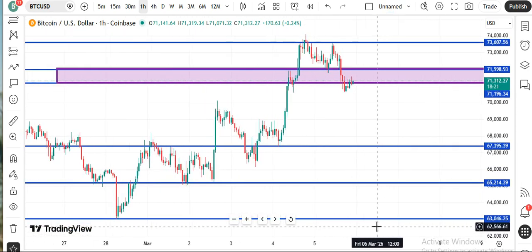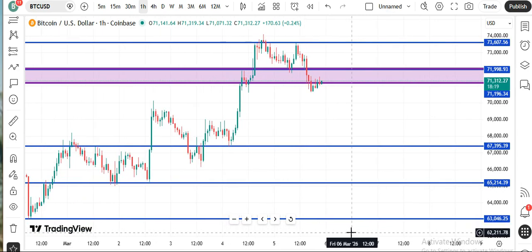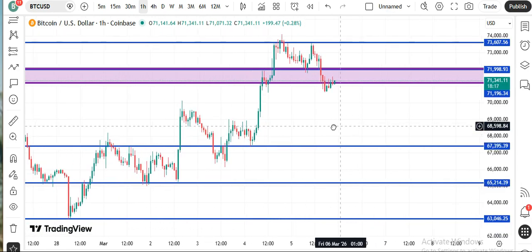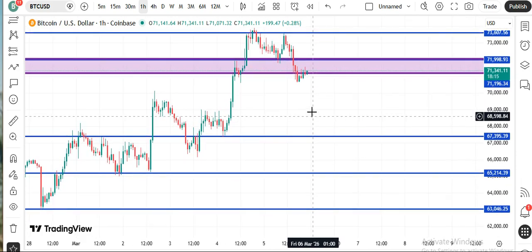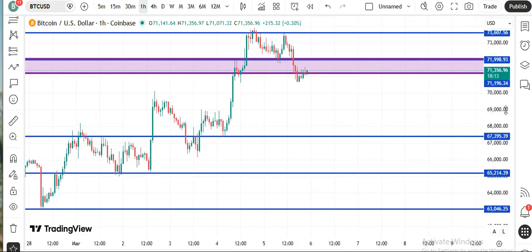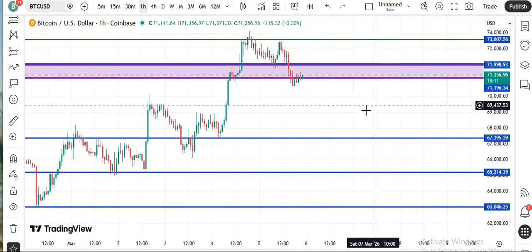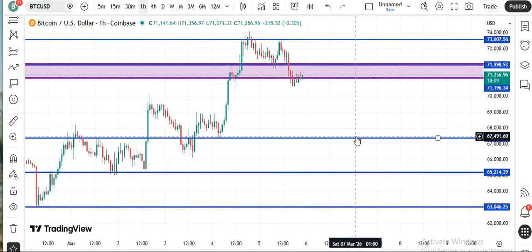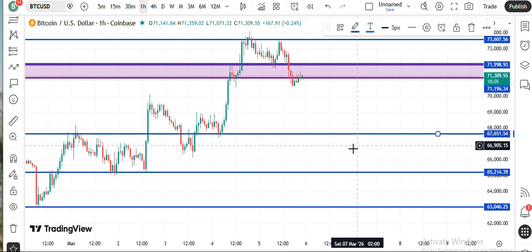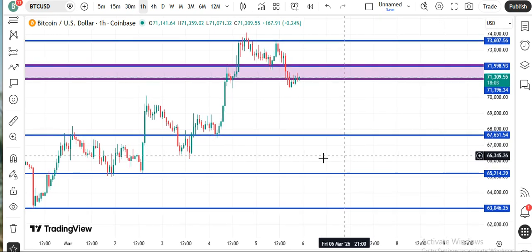I don't really like making my chart small like this, but this is giving us a swing trade setup, so we can really hold this for long.